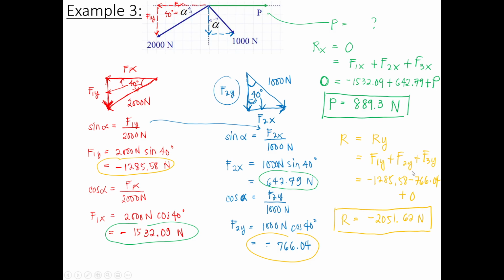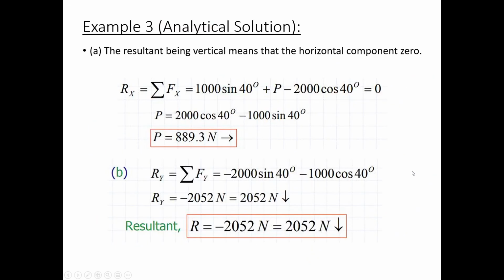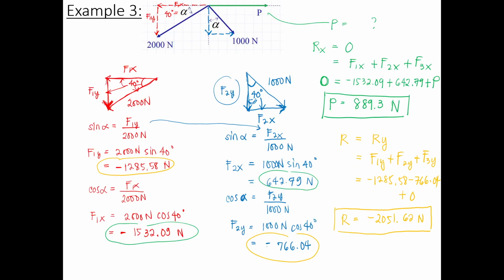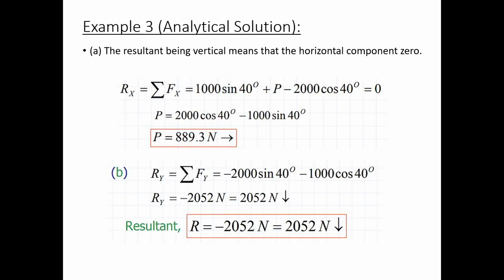Okay, so verifying the answer, this is the final answer. It is just rounded off. So 889.3, then the other one is negative 2052, but ours is 2051.62. If you round that off, that is still 2052 newtons.